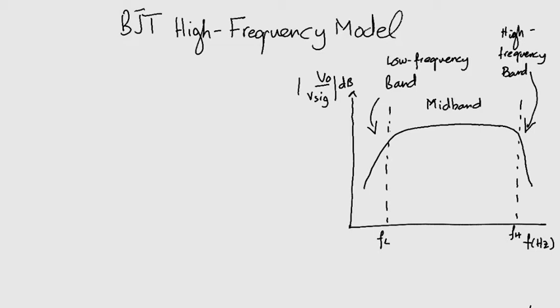So we have to analyze the circuit and find FH and FL. By finding, I mean find an expression for them so that we know which quantities control them, and thereby if we change them, we control FH and FL.